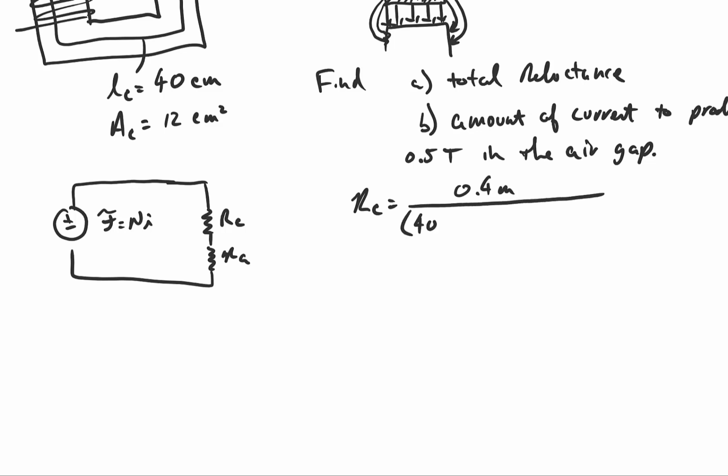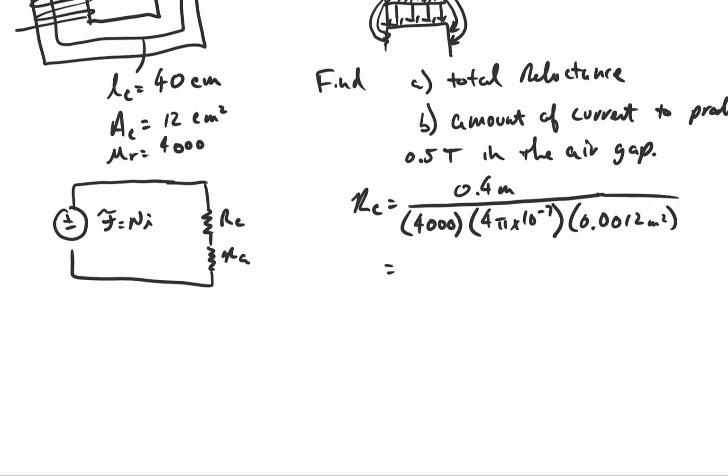And I think what I forgot to mention up here is that mu r for this core is going to be equal to 4,000. So I have 4,000 times 4 pi times 10 to the minus 7. And this is going to be 0.0012 meters squared.